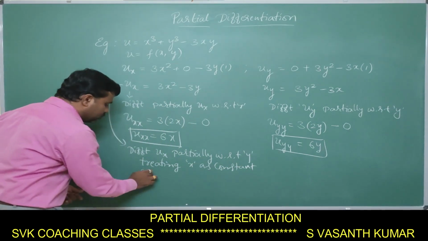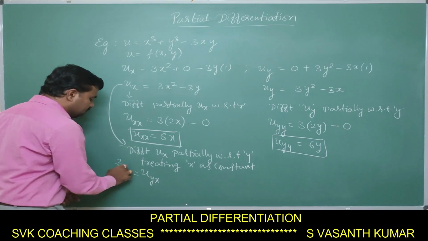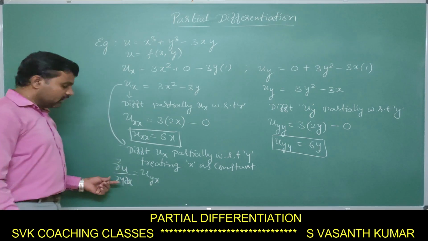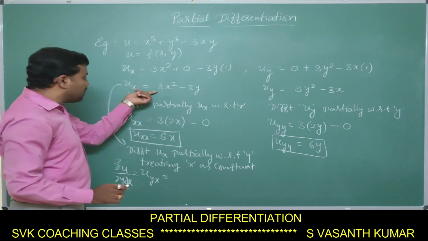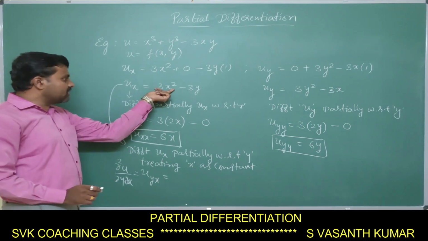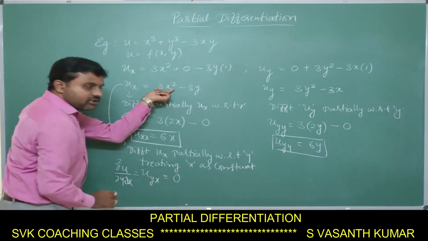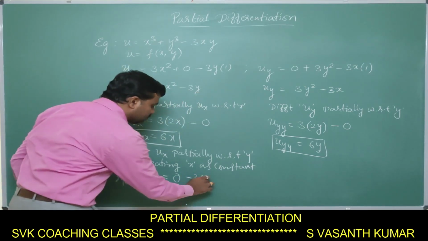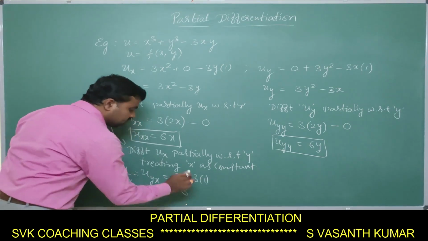That is nothing but uyx, or it is also denoted as del square u by del y del x. So as I am differentiating ux partially with respect to y, treating x as constant, this term, x square into 3, is treated as constant. Derivative of constant is 0. Minus 3 is constant. Derivative of y with respect to y is 1. So the value of this is minus 3.